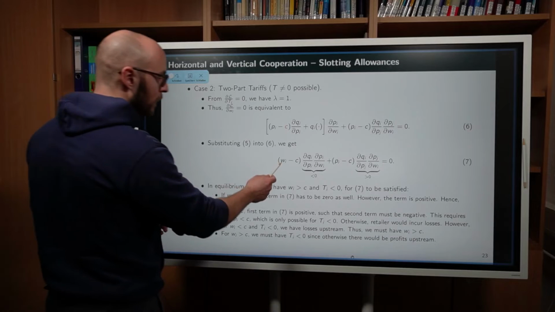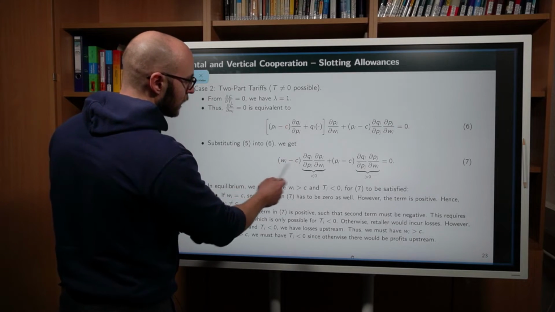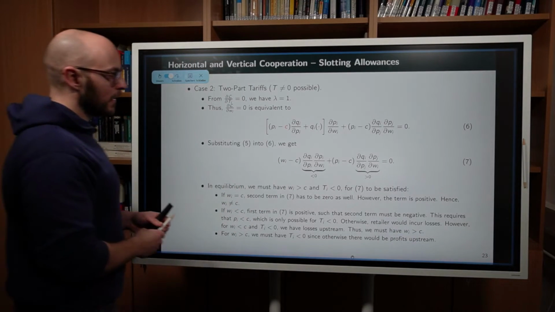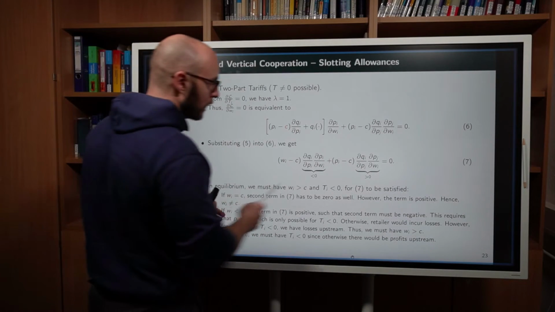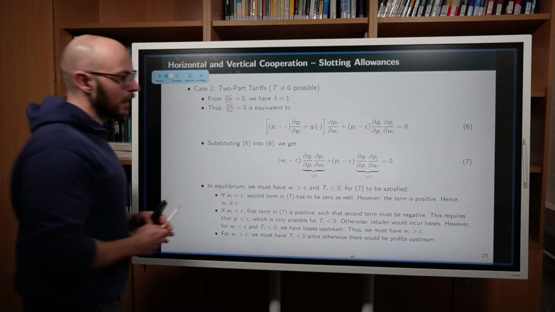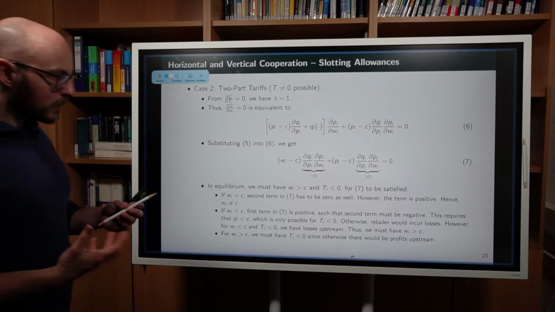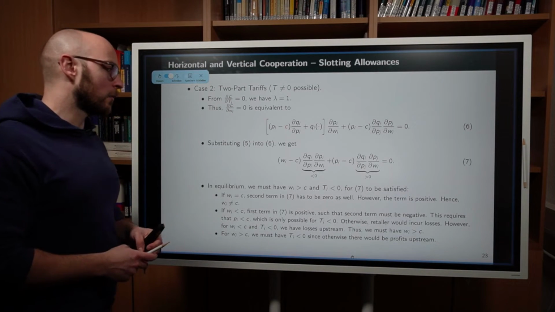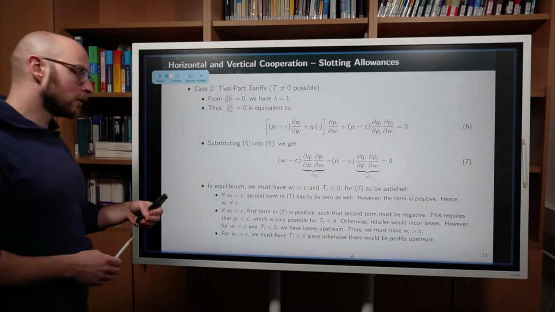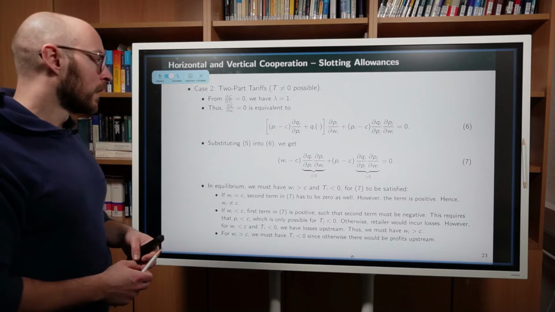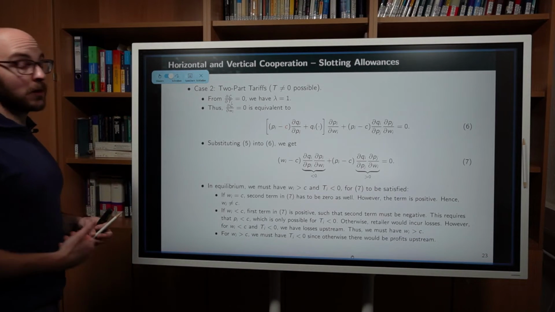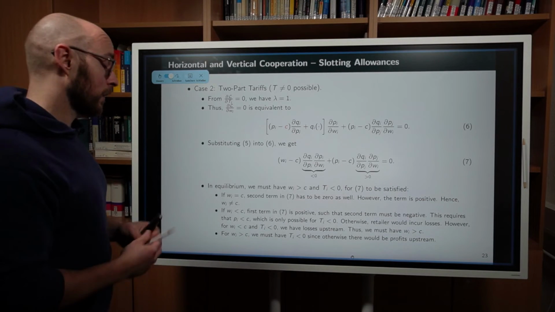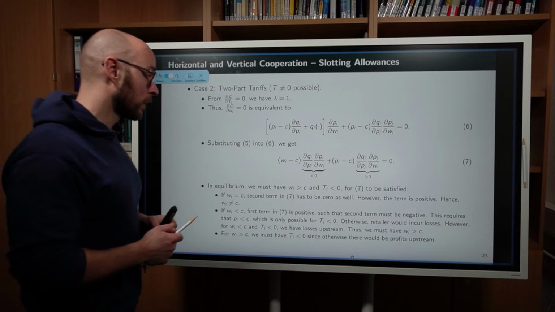So we know that Wi and Ci, these terms here, could be positive or negative. Basically everything is possible. Here also Pi and C, even though we have to take into account that once the retail price is below the marginal costs, or the retail price is below the wholesale price, then this party makes losses for which it has to be compensated. So that's something we just have to take into account.